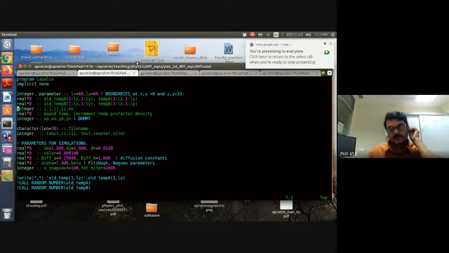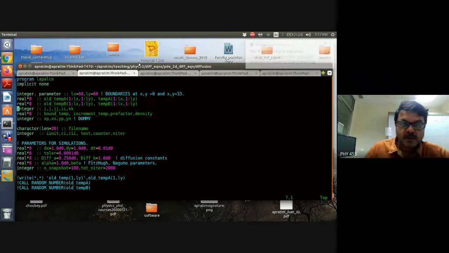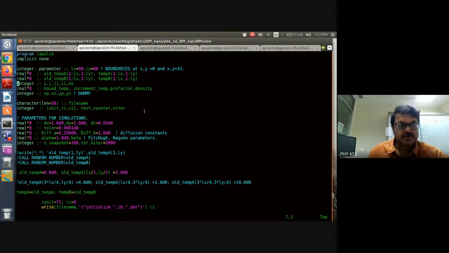So even before we start doing the basic Turing problems, what one should ideally check first is whether we are able to do the simple diffusion equation problem.